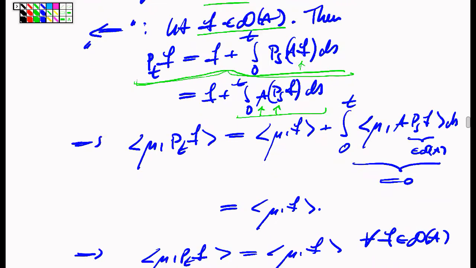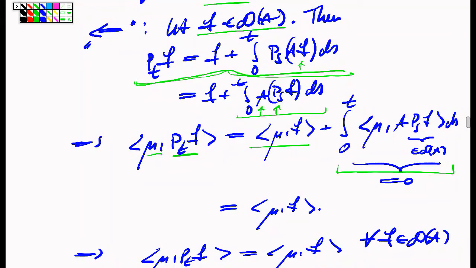Hence, if we integrate against the measure mu, we can replace Ptf by the corresponding expression on the right hand side. By interchanging these two integrations, again by Fubini's theorem, we can pull the integration against mu inside the time integral.